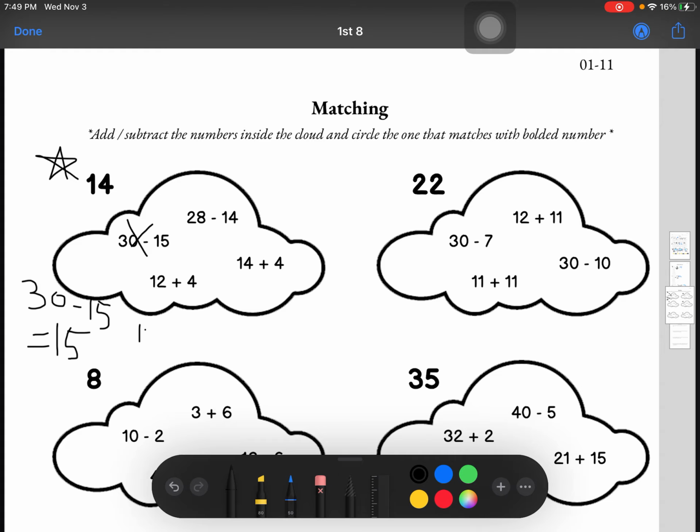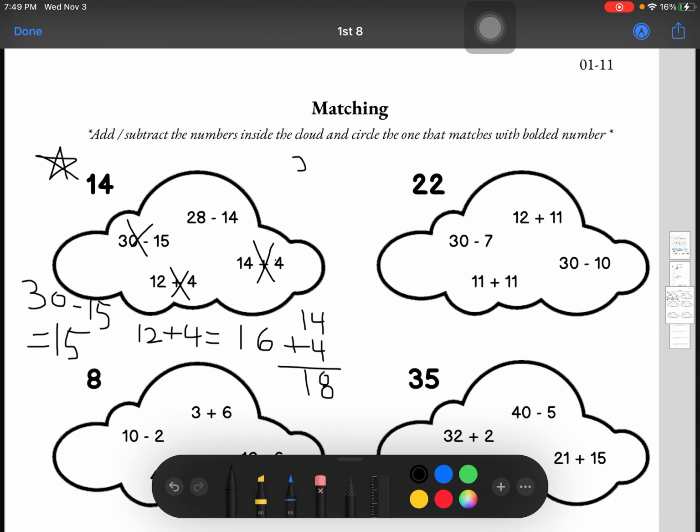We can try 12 plus 4, which is 2 plus 4 is 6, and 1 plus 0 is 1. So that means it's 16, which also does not match with 14. And then we can do 14 plus 4, which would be 4 plus 4 is 8. 1 plus 0 is 1, which does match, meaning 28 minus 14 is 14.